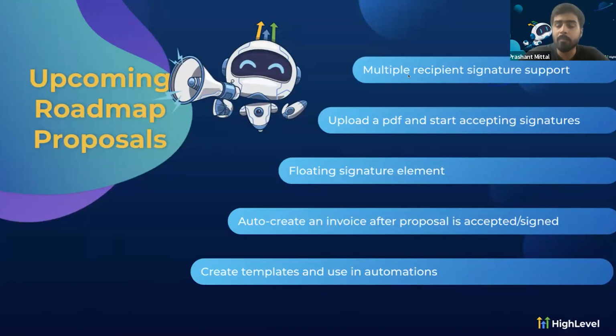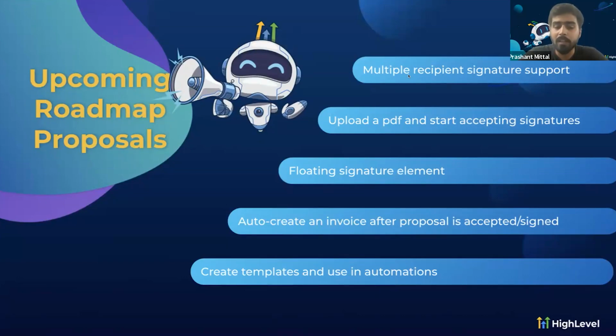So with this update, basically you will be able to add in multiple recipients to which you are sending the proposal or an estimate. You will be able to drag and drop the signature field, and you will be able to assign it to any of the recipients or add a new recipient completely. So this completely decouples the signature field from the recipient, and you are free to assign a signature field to whichever recipient you want, and it can be multiple recipients.